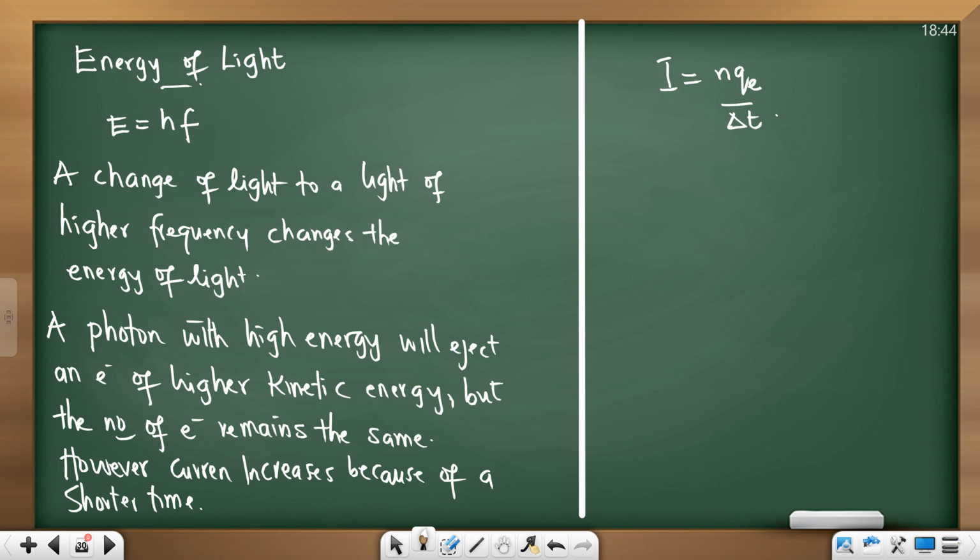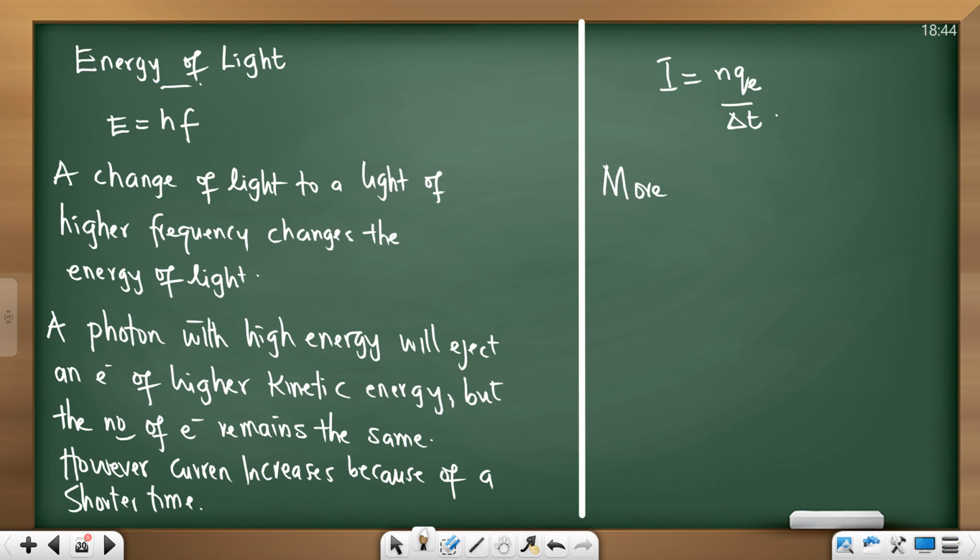The same. However, there's a shorter time of travel right now. So more electrons would flow. Let me write that.